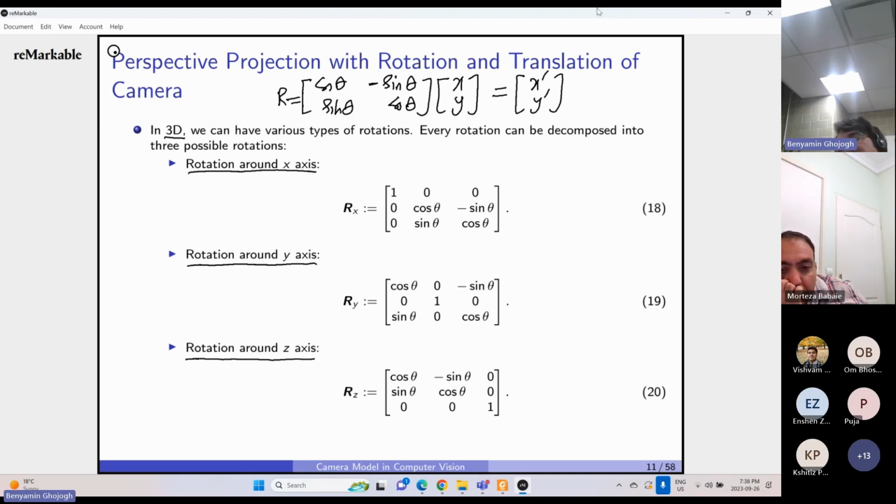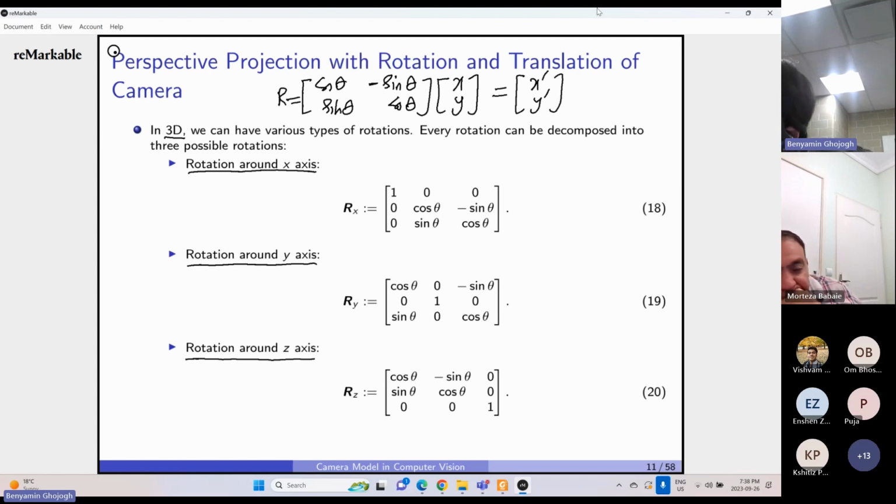So first around x and then around y. Or if we have a mixture of rotations around all three axes, then we can decompose it into three rotations, right? One by one. So for rotation around any axis, you need to make that axis kind of fixed, and the other two should have rotation.